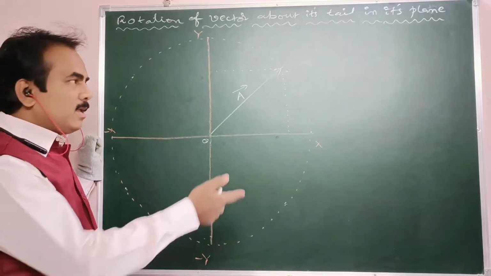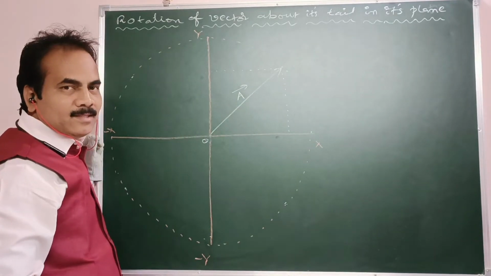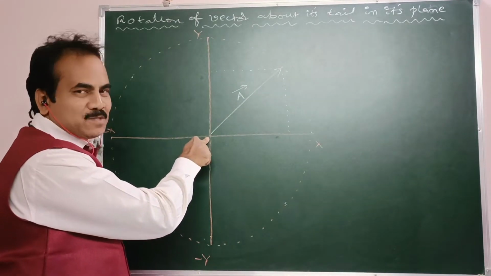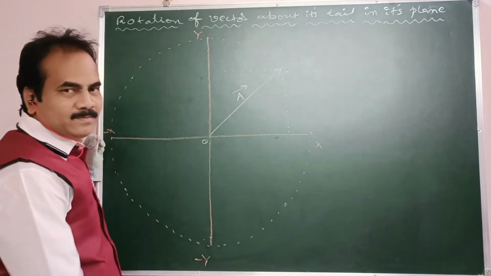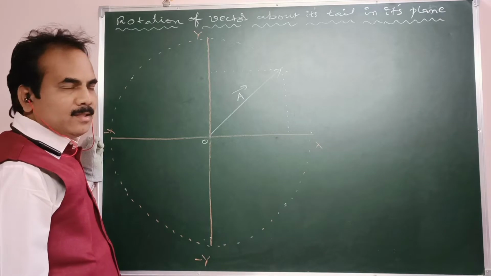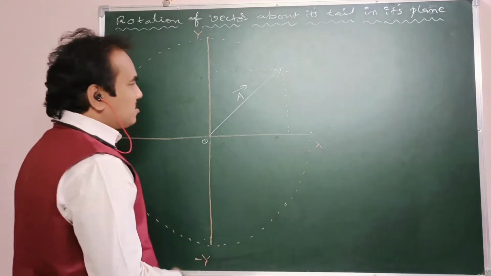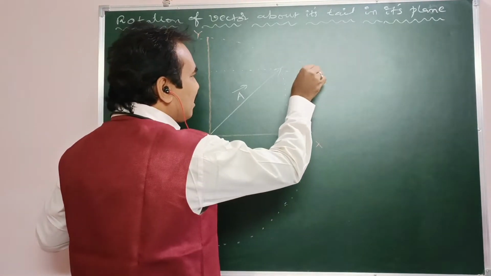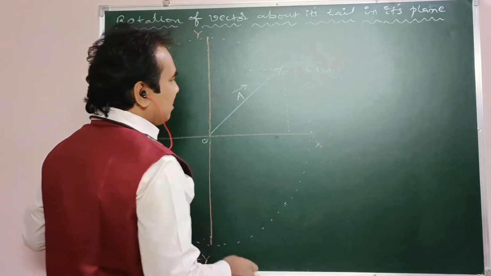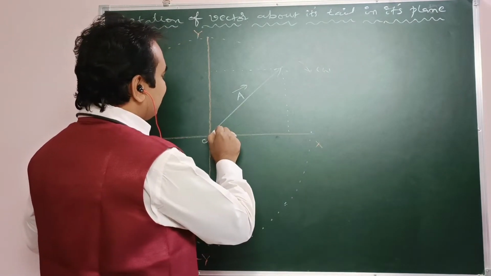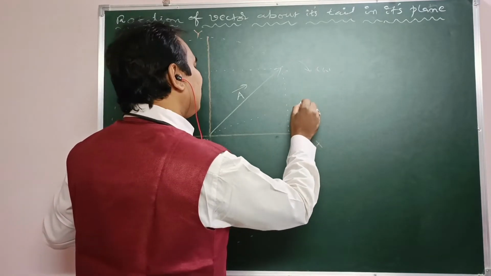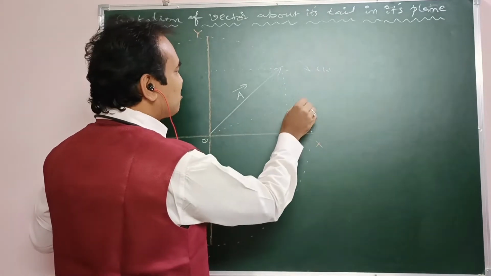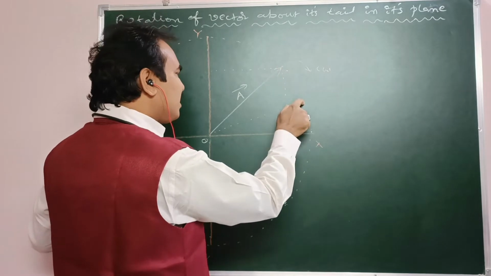Suppose that vector is rotated about its tail in its plane, either clockwise or anti-clockwise. Right? What happens? Suppose it is rotated in the clockwise sense like that. Now the same vector is rotated through this much of angle, for example, here the tip comes here.